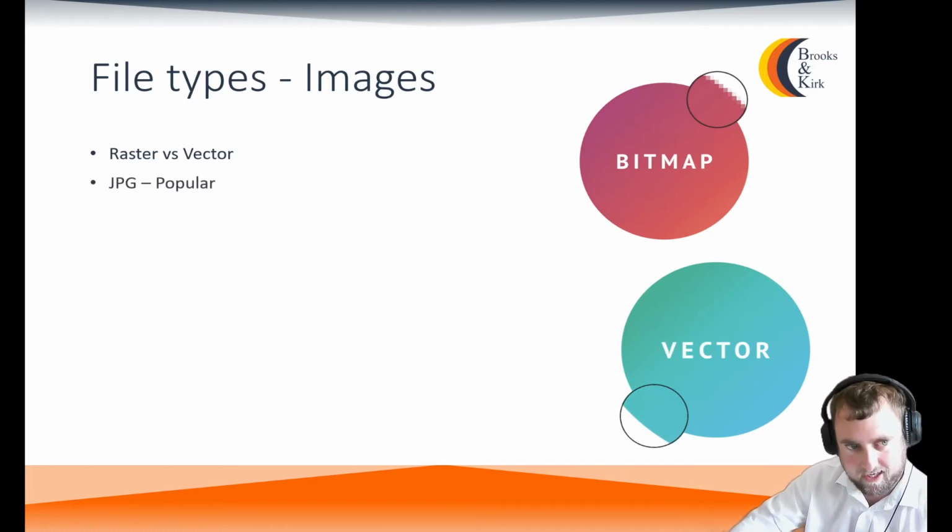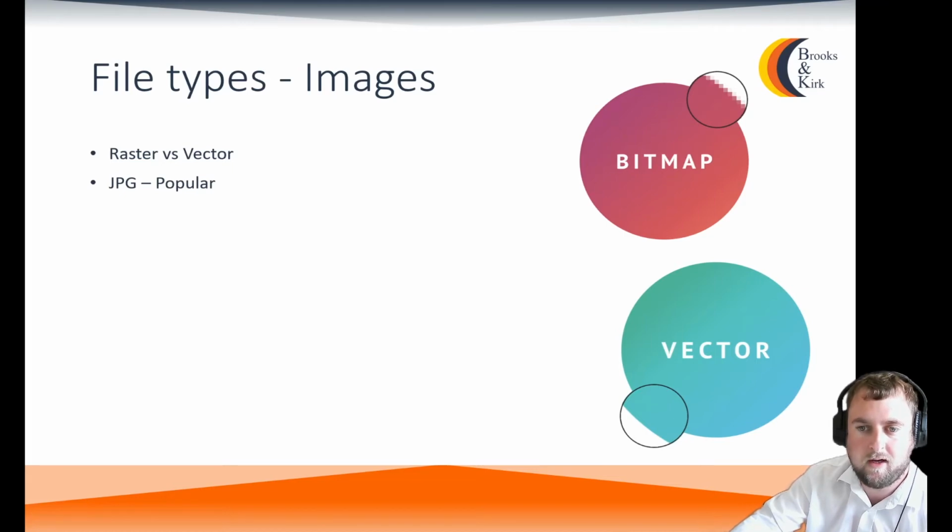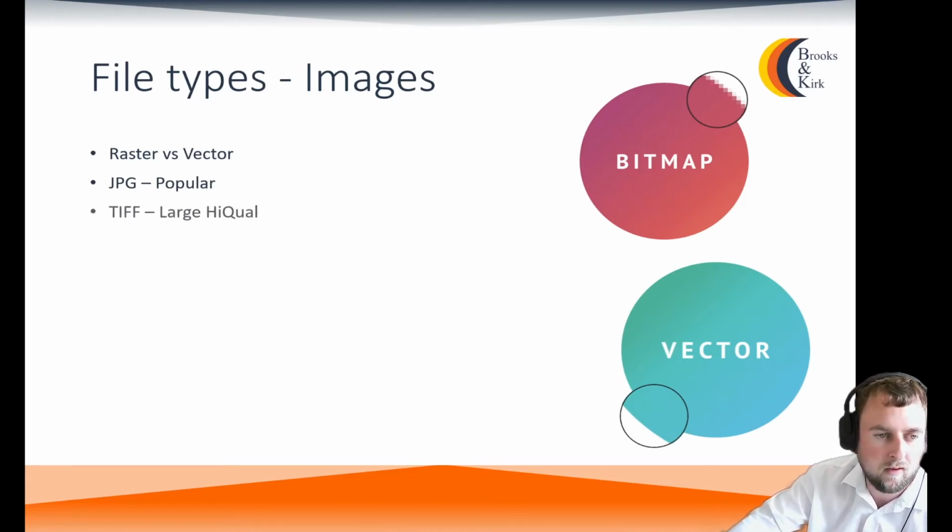So JPG, probably the most popular way of storing bitmaps, rastered files. TIFFs tend to be higher in quality, often used for really large images.